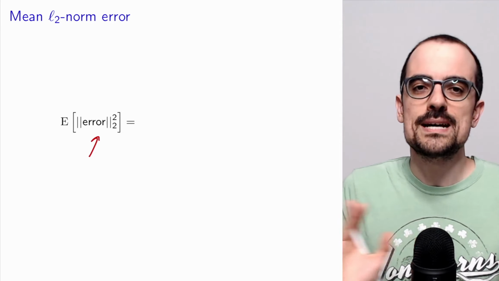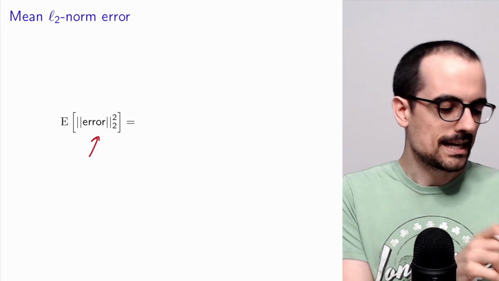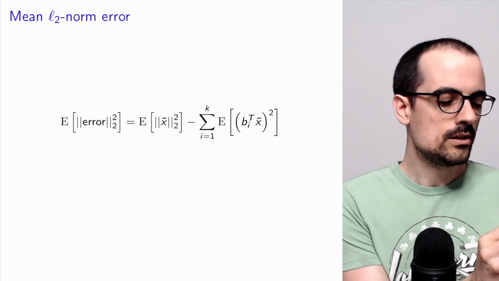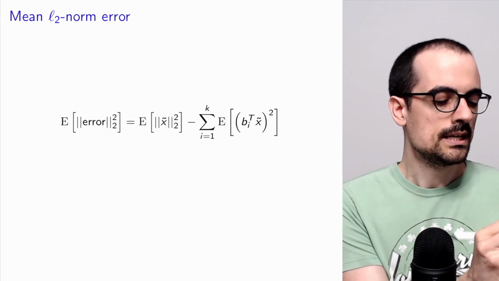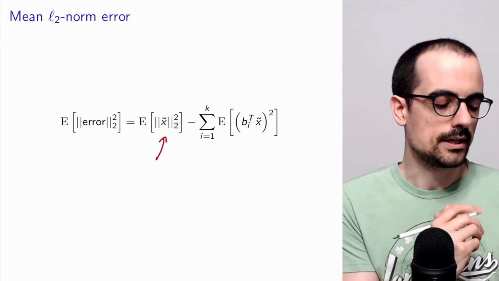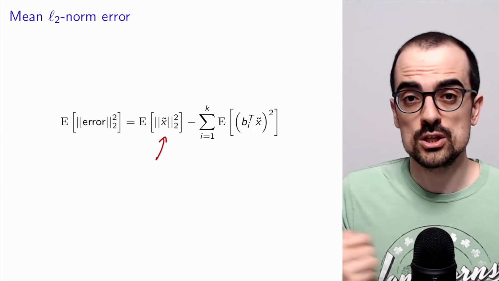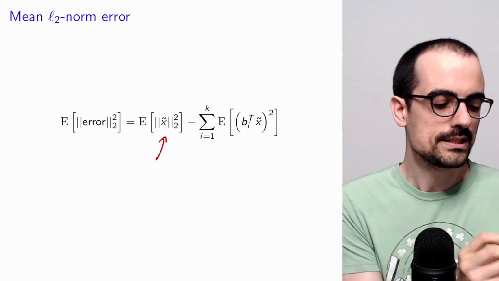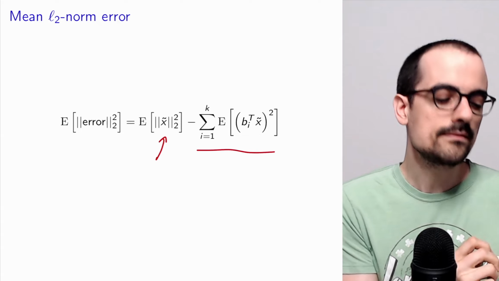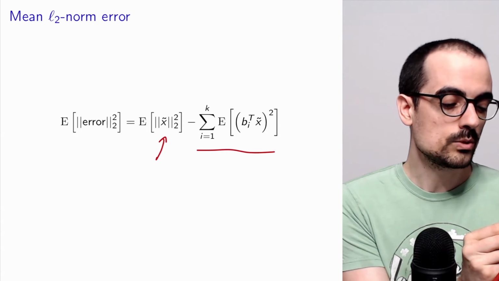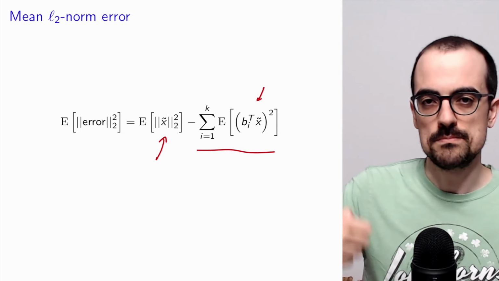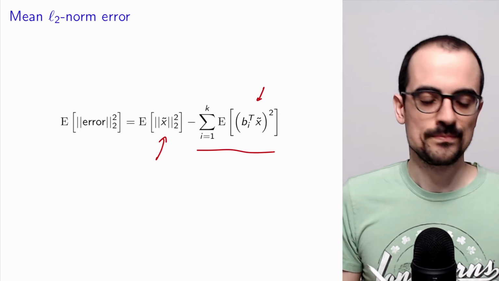Okay, so we want to minimize the mean L2 norm error, and we've seen that this is just equal to the mean. We're applying here the linearity of expectation. This is the mean of the L2 norm of the original random vector, which does not depend on the representation. And here we have the sum of the mean of these coefficients, which are given by the inner product between Bi transpose x squared.